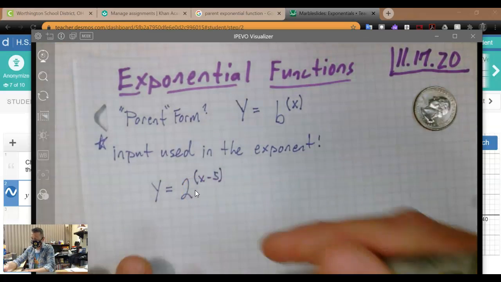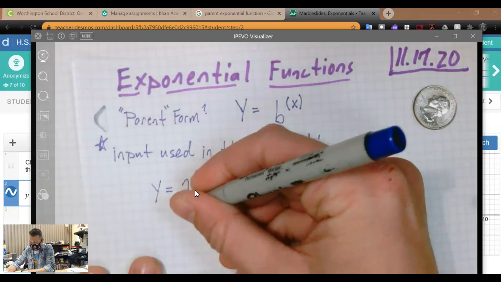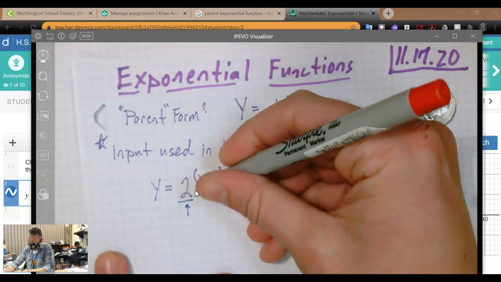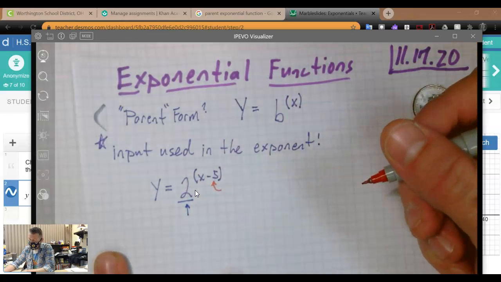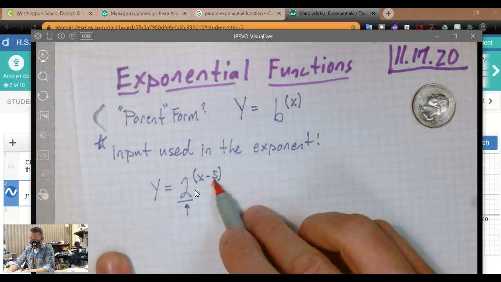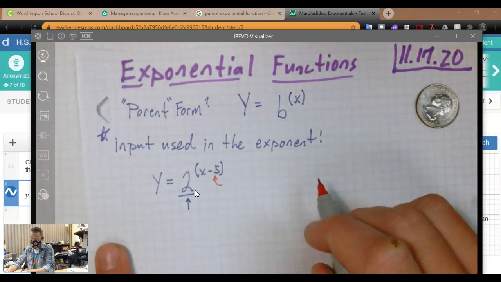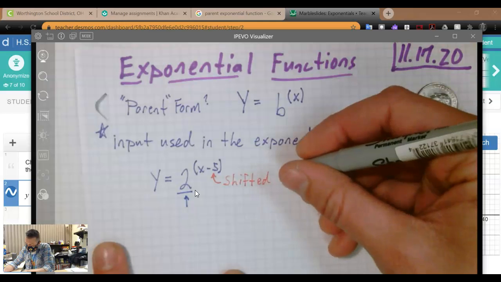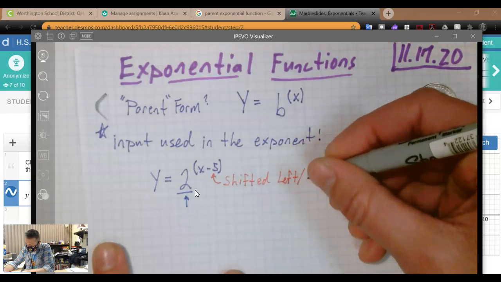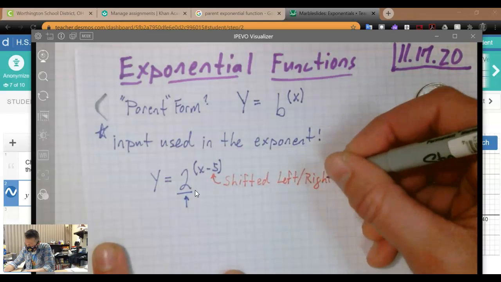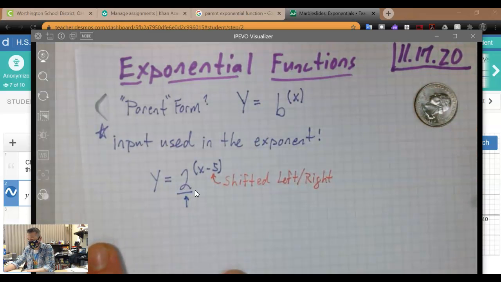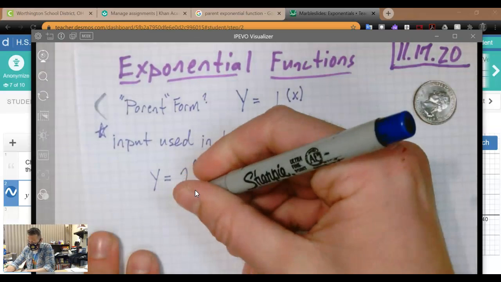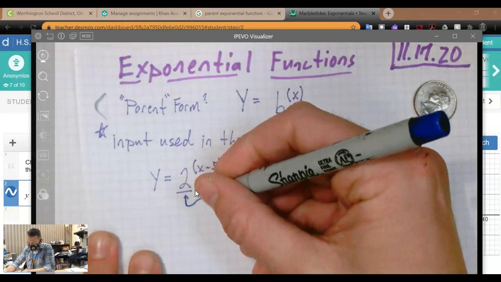Some of you changed this, and some of you changed the thing in the exponent, not the x, but the minus 5. What did changing this minus 5 do for you? Shifted it how? It shifted left or right, depending on how we did it. What did changing the 2 do?